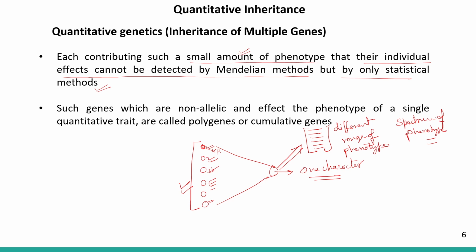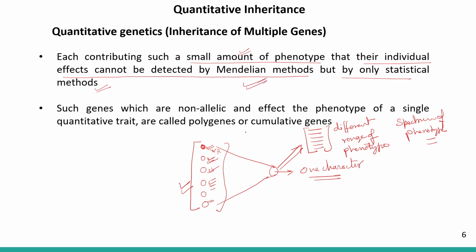Now again, another gene can have a number of alleles, and so on for the third. You can imagine how many combinations are possible with so many genes, so this cannot be detected by the Mendelian method.